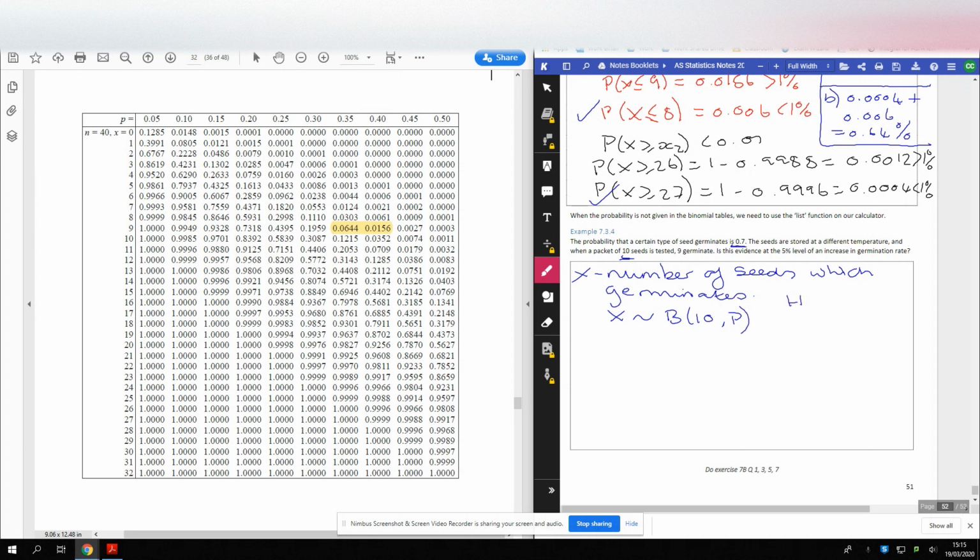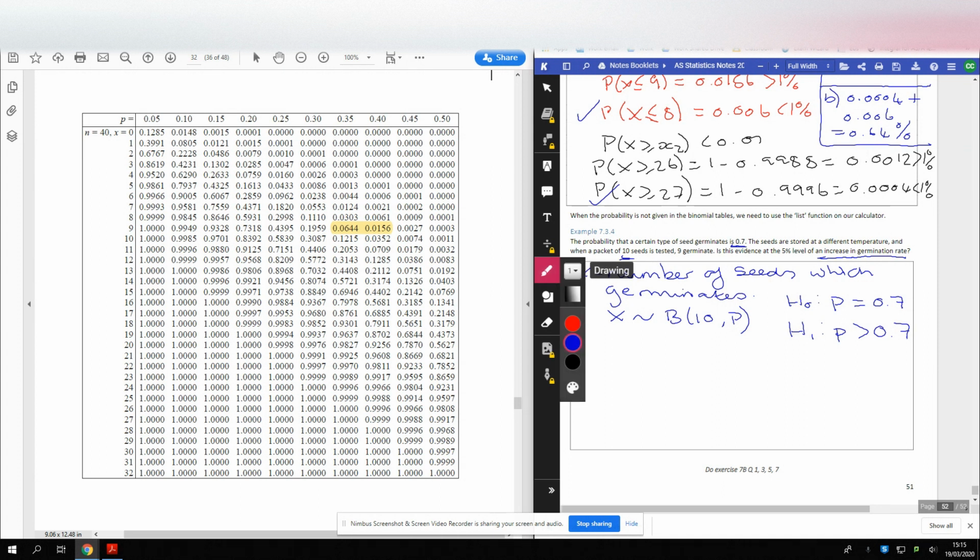Null hypothesis: probability is equal to 0.7. The question: is this evidence at the 5% level of an increase in the germination rate? That tells us we're on a one-tailed test, and the word increase tells us we're expecting that probability to be more than 0.7. So we've got one-tailed from there.